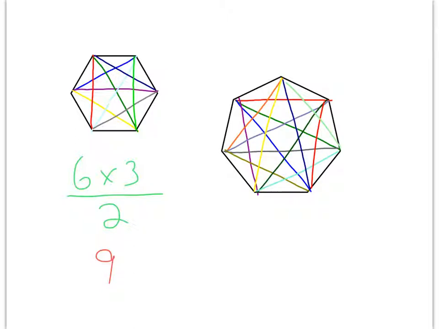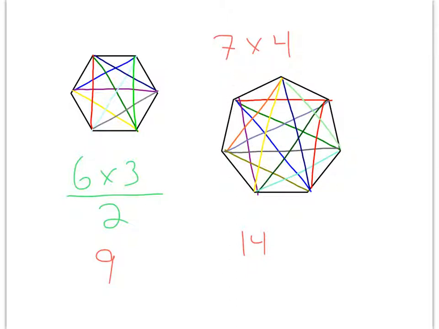In a heptagon, there's going to be 14 because I have 7 vertices. You can see now I'm drawing 4 diagonals from each one. And the reason it's 4, it's 7 minus 3, because I don't draw to myself. In other words, if I were a vertex right here, I don't draw to myself, and I don't draw to the 2 adjacent ones, but I do draw a diagonal to each of the other 4.